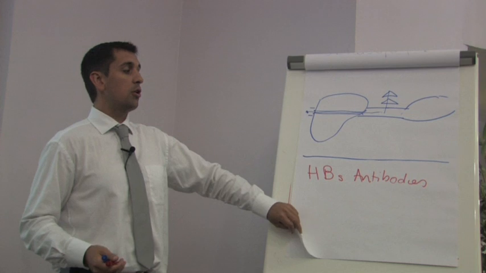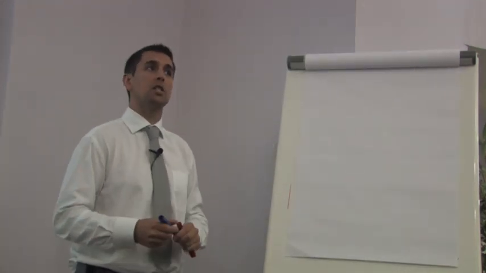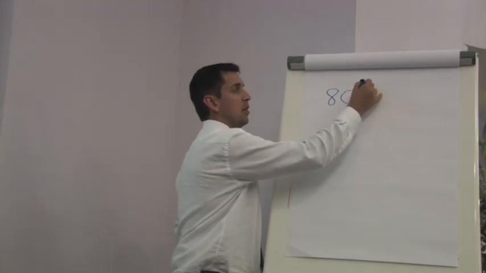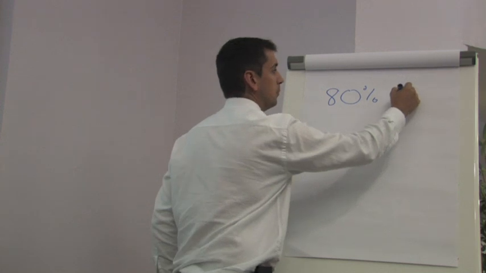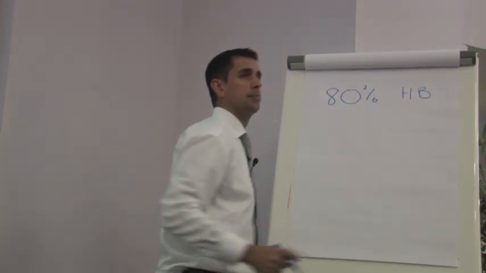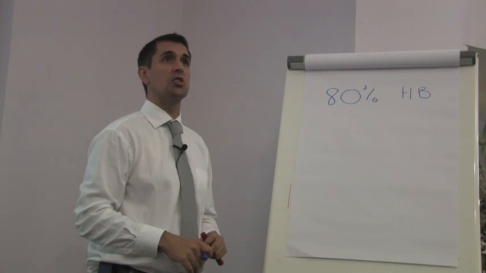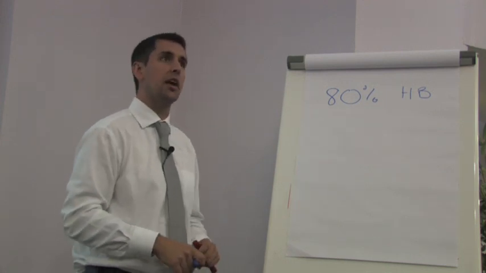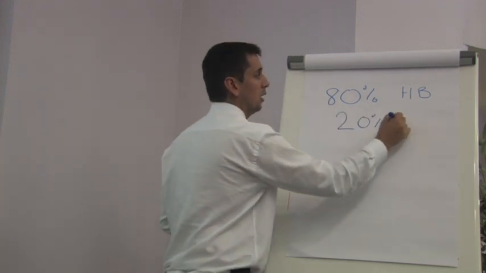As far as seroconversion rates, if you catch hepatitis B, there's an 80% chance that you're going to cure yourself. If you've got hepatitis C, there's an 80% chance that you'll never cure yourself, that you're going to be a chronic hepatitis C carrier. So it's the other way around, only a 20% chance in hepatitis C.